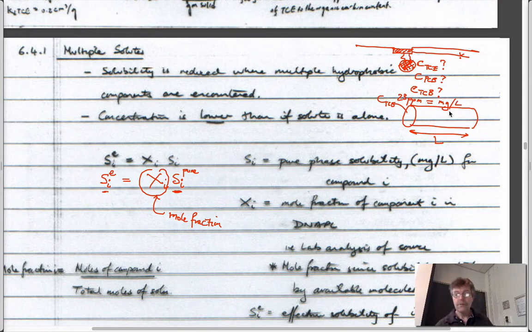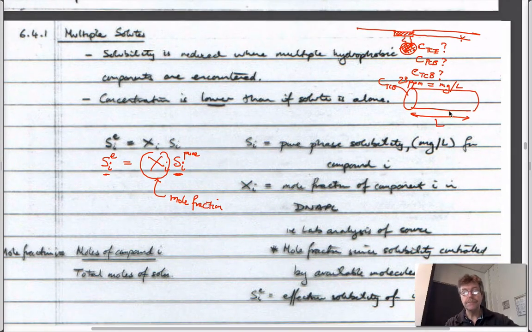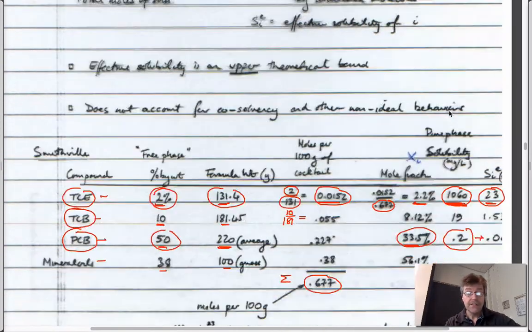Okay. A liter of water is a kilogram, right? So milligrams per kilogram, basically. So parts per million. All right, and so that's important.